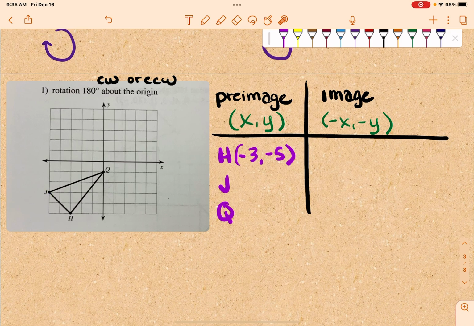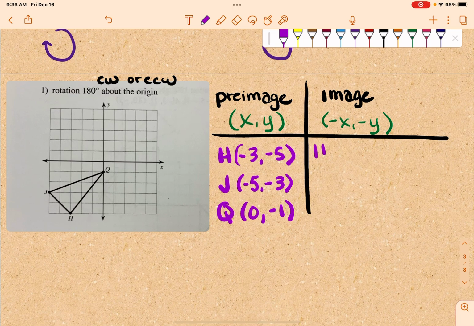Now if I go to J here, 1, 2, 3, 4, 5, so negative 5, 1, 2, 3, and down 3. So (negative 5, negative 3). To get this point here, if I start here, it doesn't go left or right, so my x is 0, but it goes down 1, so that's negative 1.